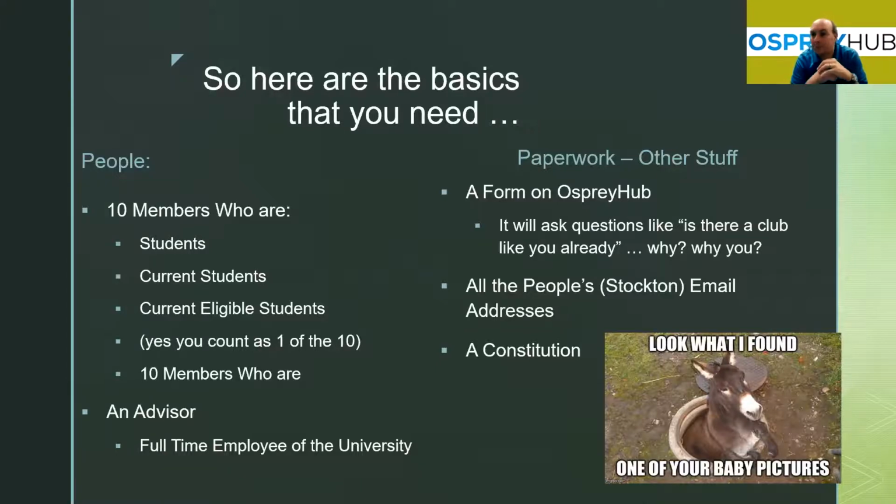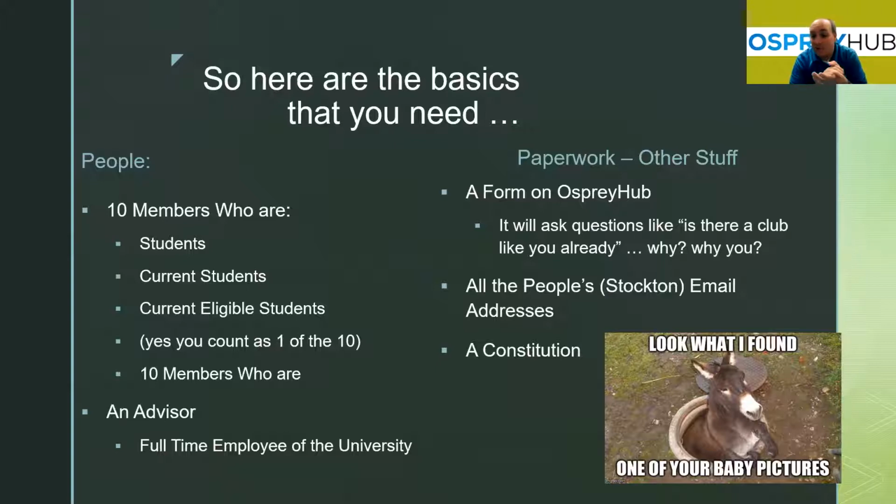Like, what is your club about, and how would you describe it, and do you plan to offer membership for all students, no matter what race, creed, color? By the way, it's the only question you can fail. All the other questions are just to make sure that you understand the club moving forward and that you're ready to do it. So that form on the Osprey Hub, we're going to show you that in a minute.